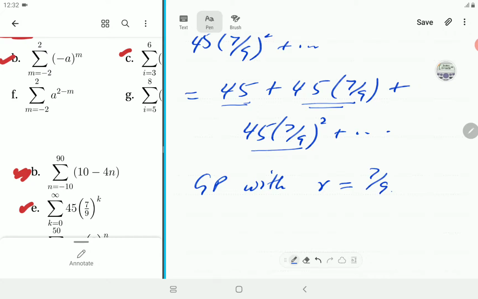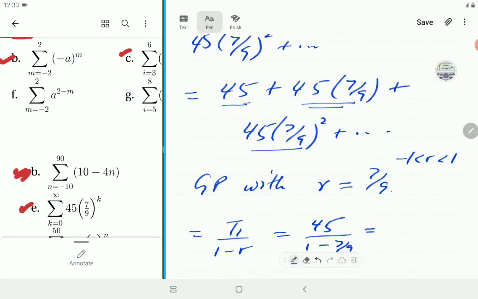7/9 is in the interval between -1 and 1. So this fits well into the infinite geometric sum. So we said this is our formula. T1 is 45 over 1 minus 7/9.